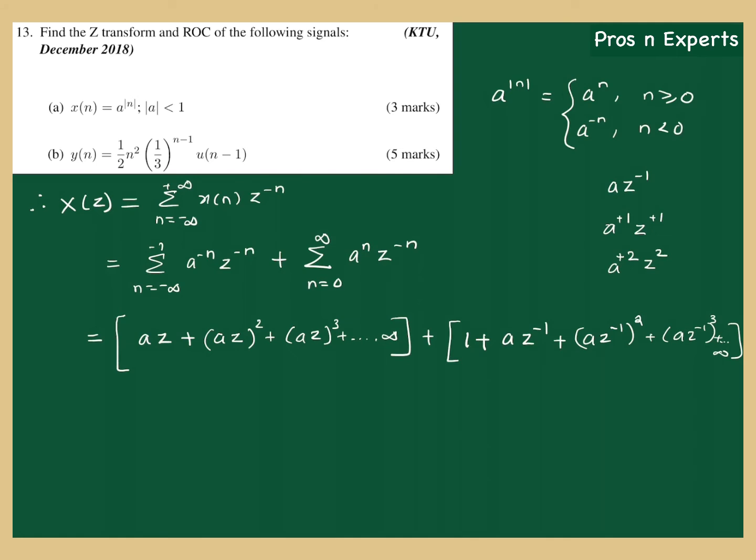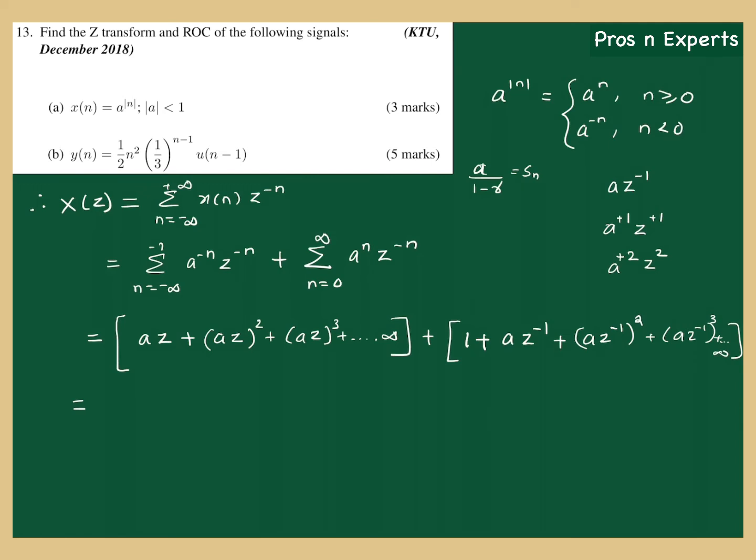Okay, now we know what to do. This is an infinite GP with first term az and the common ratio az. And we know the expression to find the sum of an infinite GP is a by 1 minus r. Sum is equal to a by 1 minus r.